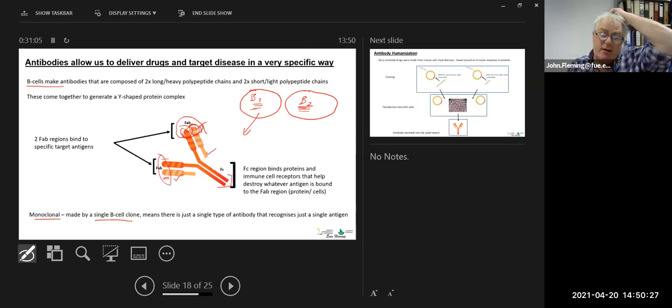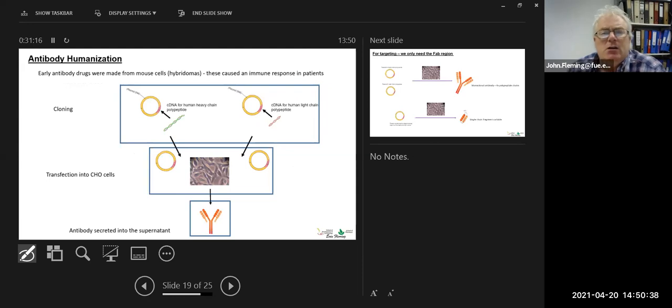And in this way, the biopharmaceutical companies are capable of producing just a single antibody that can be purified and then used as a drug. So rather than working with B cells, these drugs are developed in mouse cells.